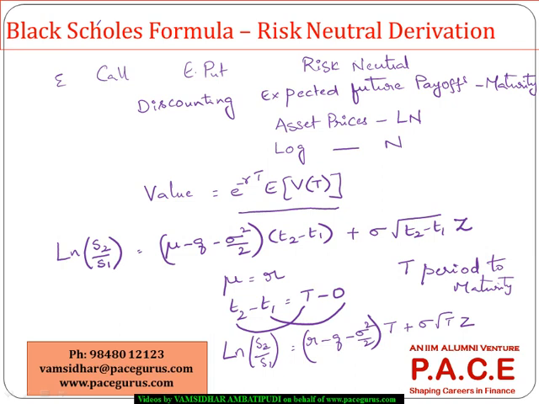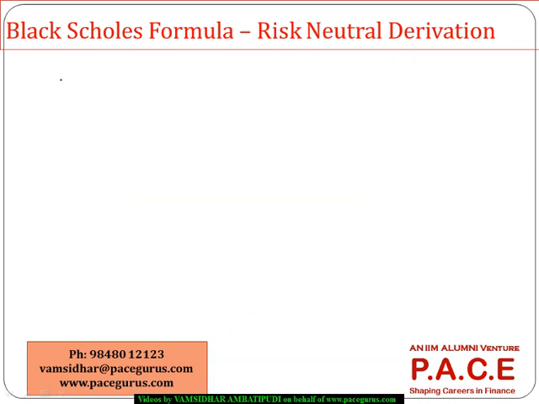And here also, because I have made T2 and T1 already, I can call this ST divided by S0. So that is the first equation I am going to get: log of ST divided by S0 equals (r minus q minus sigma squared by 2) times T plus sigma root T times Z. From here I can simplify. I'll take out the log.